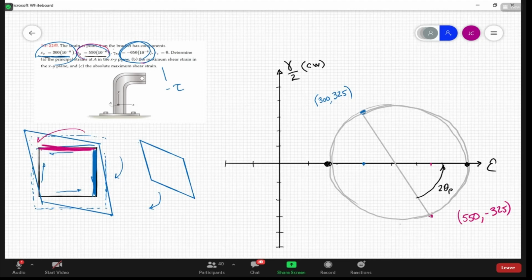At the principal state there's going to be no shear strain, only normal strain, epsilon 1 and epsilon 2. So this center point here, the average strain, is 300 plus 550 over 2. Again, I'm dropping all the microstrain stuff, but obviously it's there.